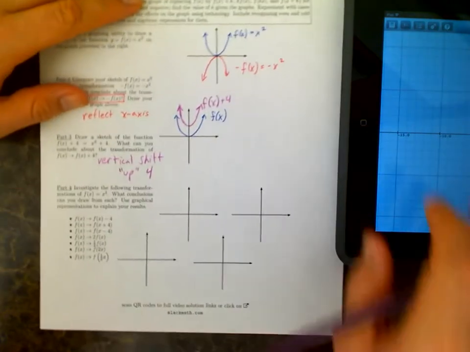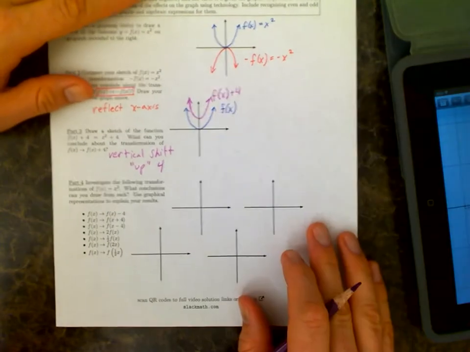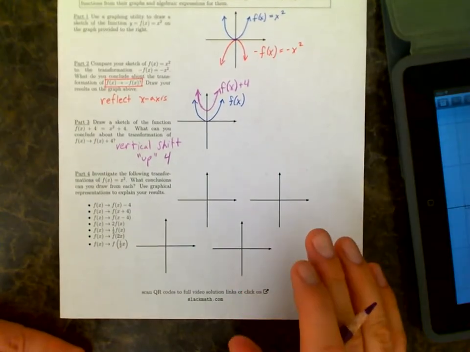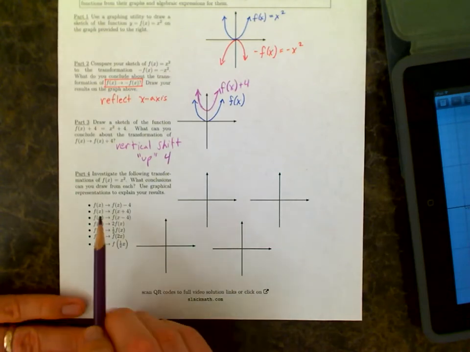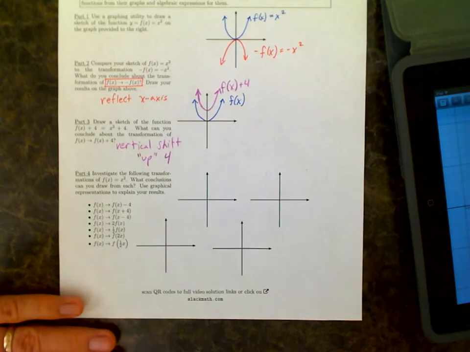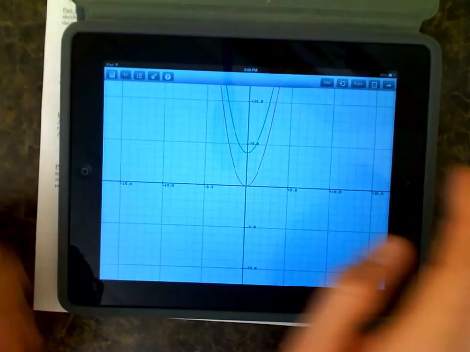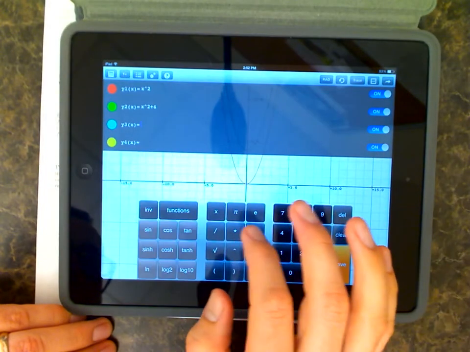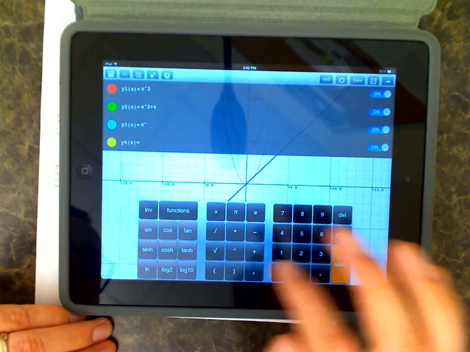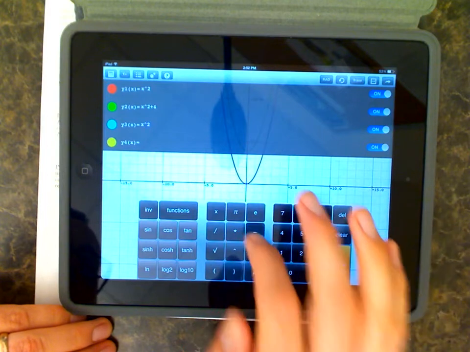Okay, the next one is where we're asked to look at a whole bunch of things. So I'm going to combine a couple of these on a single graph so we can compare the two. What about f of x minus 4? That's going to be x squared minus 4.